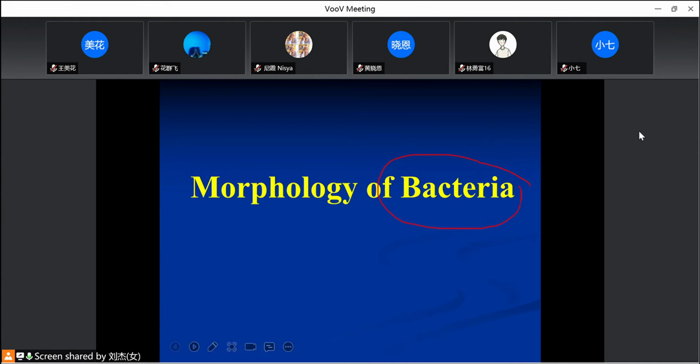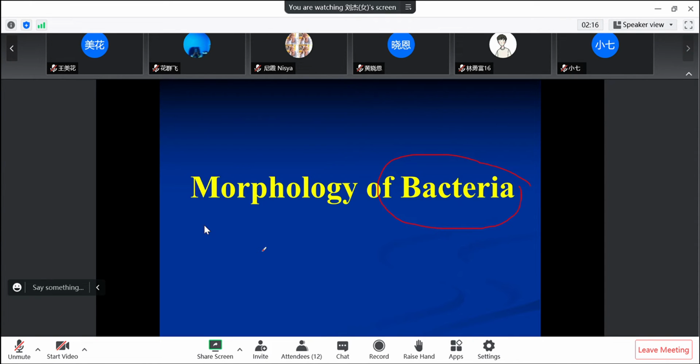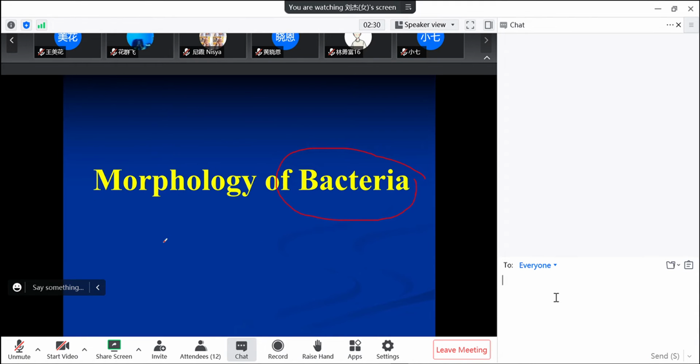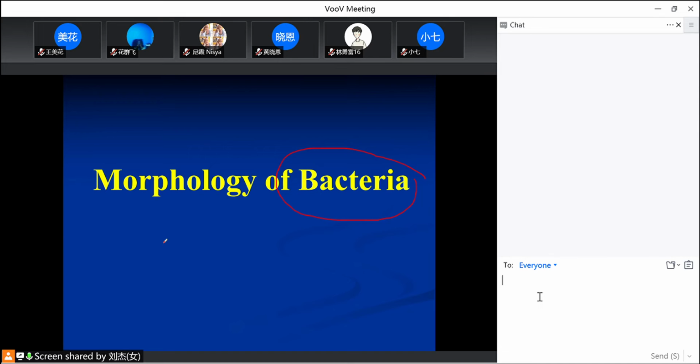So we show the slides, the PPT to you. Can you just imagine what the shape of the bacteria is? If you have ever seen some pictures of bacteria under the microscope, or if you go to the hospital for an internship or something like this, did you ever see the shape of the bacteria?